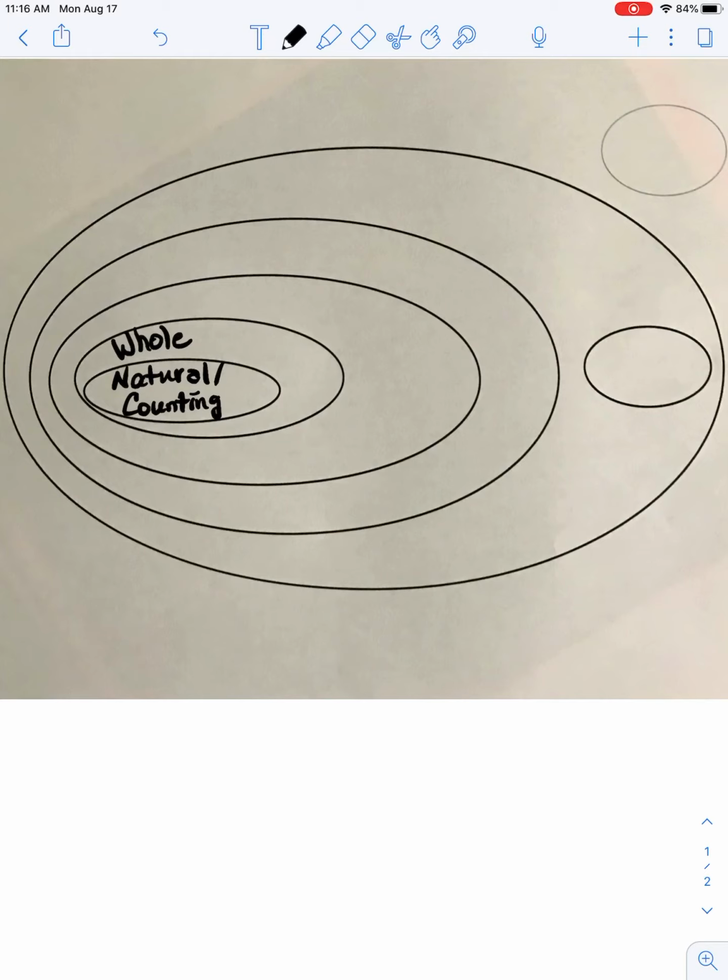And whole numbers are just counting numbers plus 0. Okay, so that way he was able to keep track of how many sheep he had, and he was able to communicate if he had no sheep.